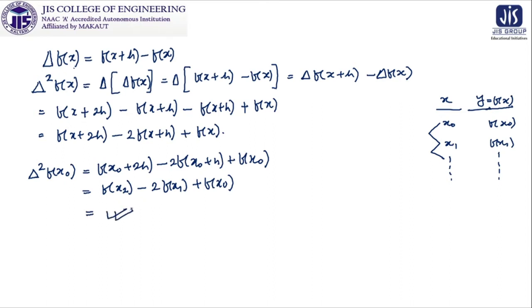But I want to mention another aspect: instead of writing the line in this approach, we can write it as f of x2 minus f of x1 minus, f of x1 minus f of x0.